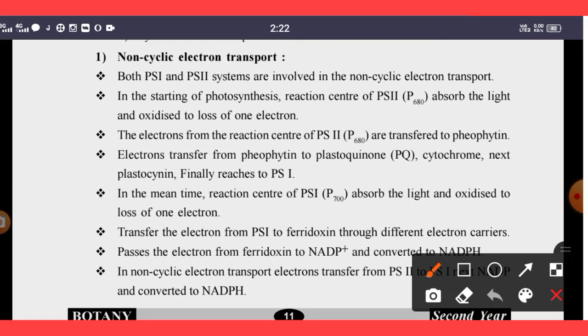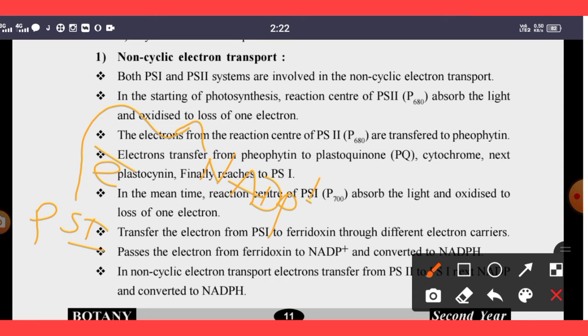Now what happens? The electrons, from the chlorophyll that received the light and got oxidized in PS1, are passed to NADP plus.